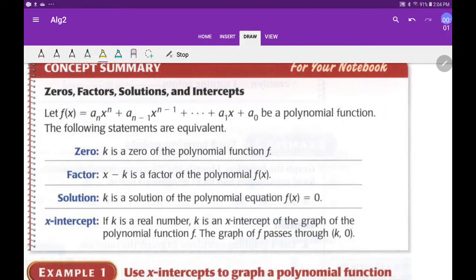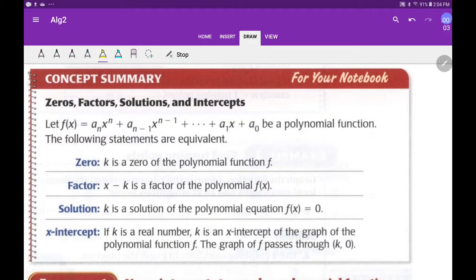So here's a little summary of the things we've been thinking about. It's going to look a little different, but if k is a 0, then I always say x minus k, as you've noticed. If I say it's 2, then I say it's x minus 2. And we can also call x a solution instead of a 0. Some old books used to call it a root.